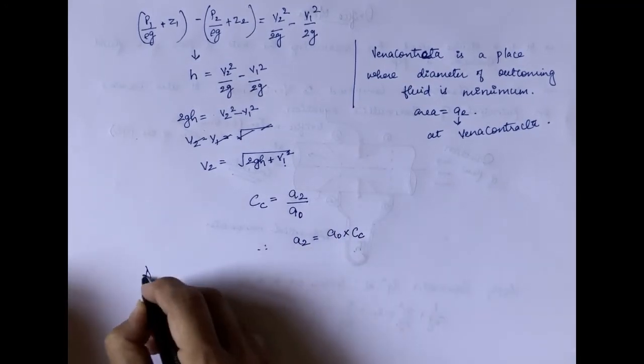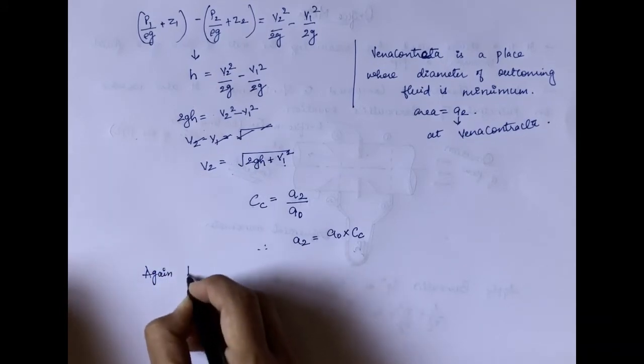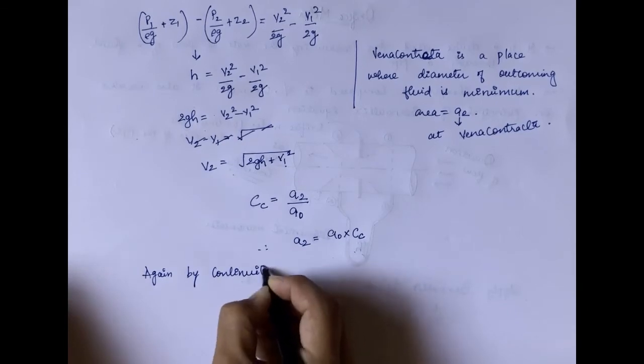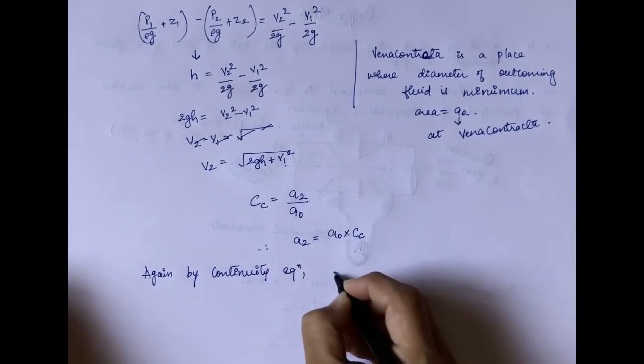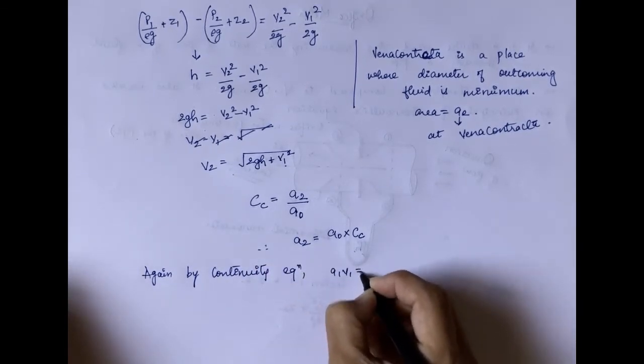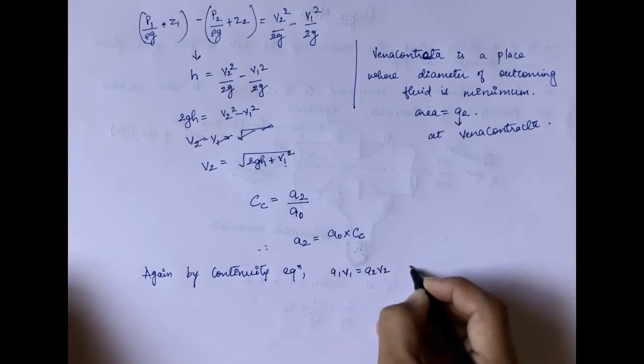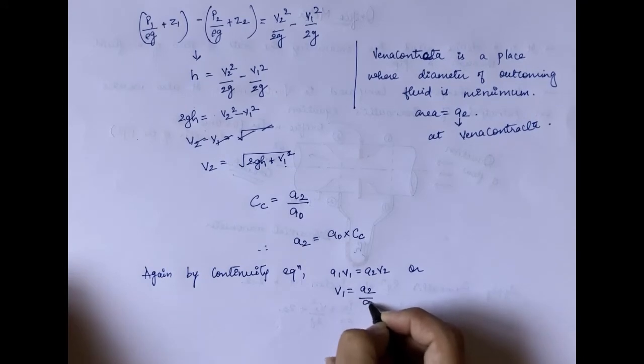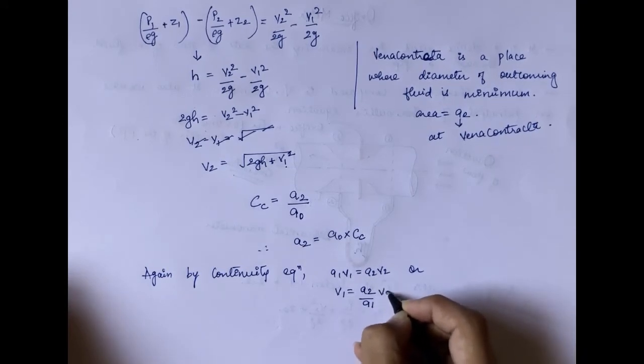Again by the continuity equation we have A1 V1 is equal to A2 V2, or V1 is equal to A2 upon A1 into V2.